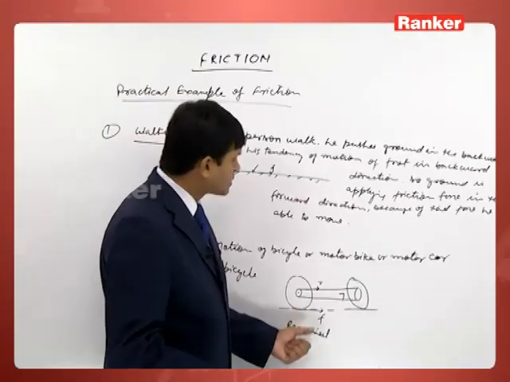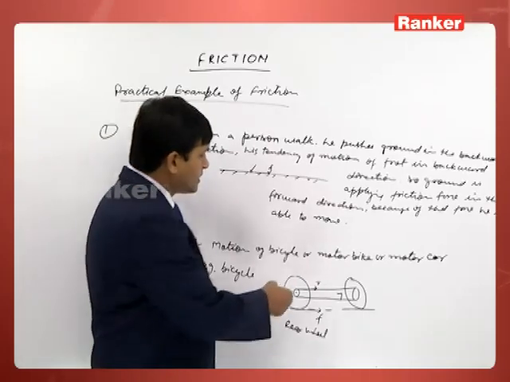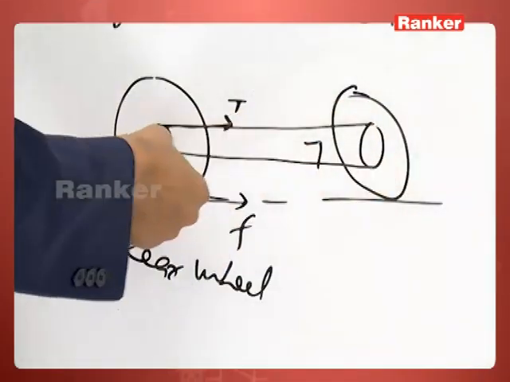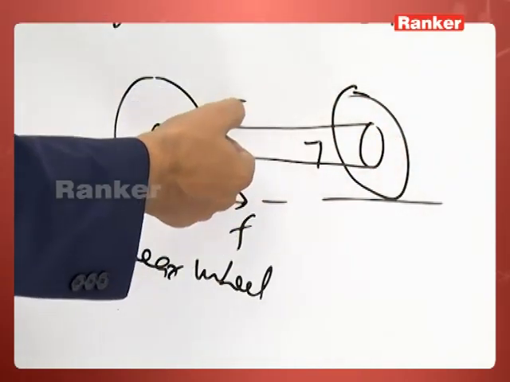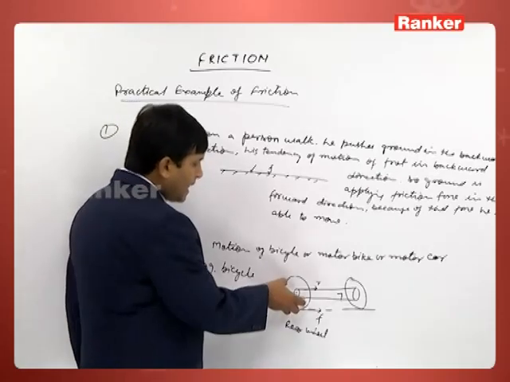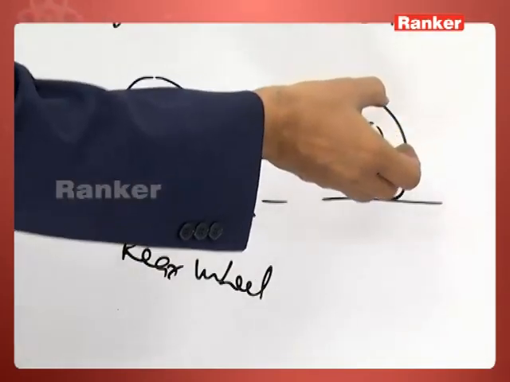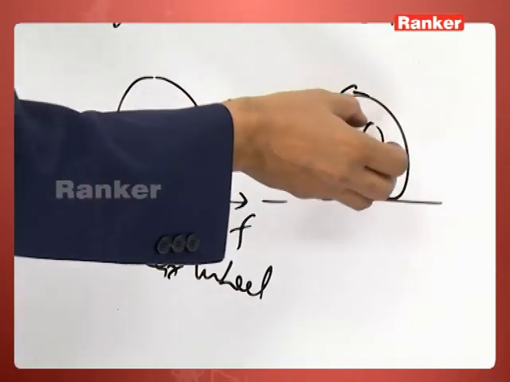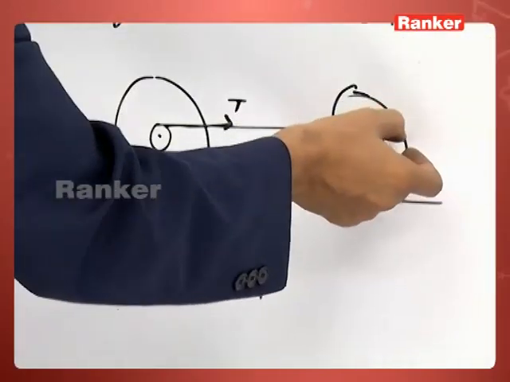Because of that friction force, this wheel starts moving, and with the rod or shaft, the front wheel is also attached. As the rear wheel slides, the front wheel, attached with the same rod, also gets the sliding motion.